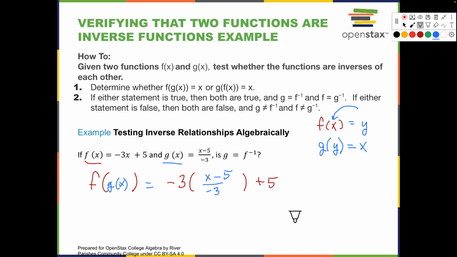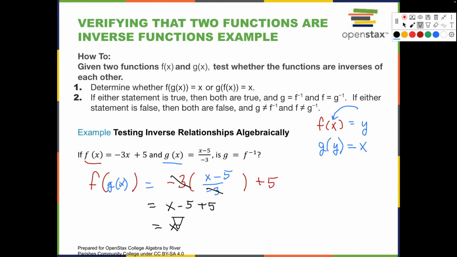And now we're going to simplify this, and if we end up with x, then that's a good candidate. We haven't proved it yet. We have to do both ways, but if it doesn't work, then we're done. So -3 divided by -3, we can cancel those out, right? And we're left with x minus 5 plus 5, minus 5 plus 5, 0. This equals x.